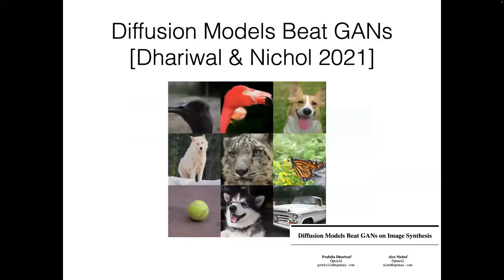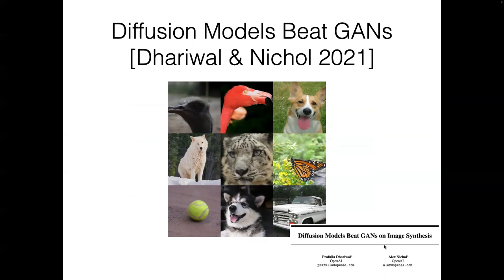Given these initial papers, you have to make them practical and make them better and better. There have been many different papers, but here's one that I'm familiar with and I think got a lot of attention. At the time, these GAN models were the state of the art for image generation.